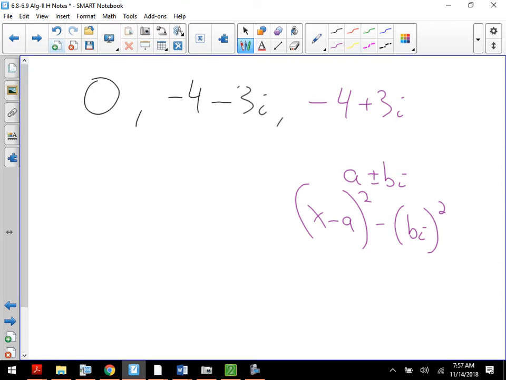So if I do that, what's x minus a -4? Yeah. So I'm going to have an x plus 4 quantity squared minus, what is that then? 3, excuse me, 3i quantity squared.